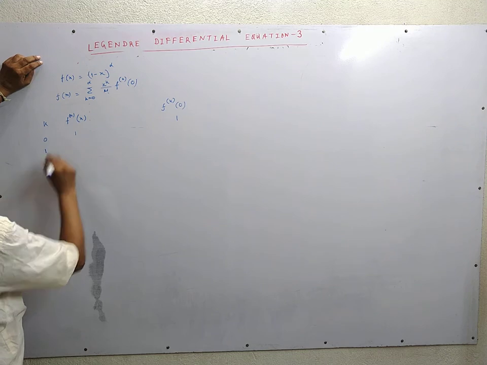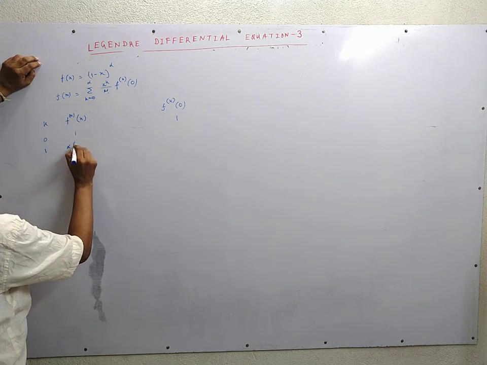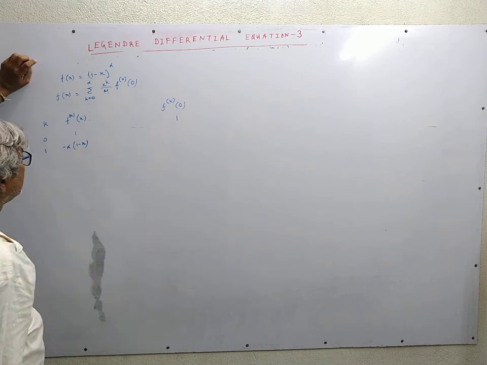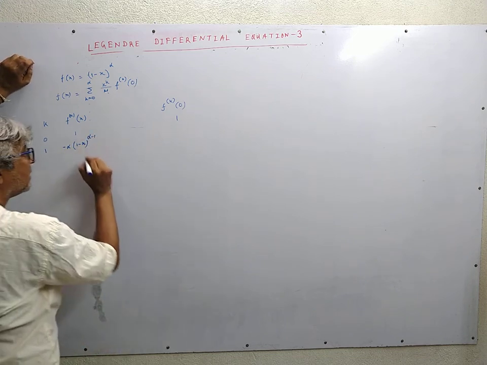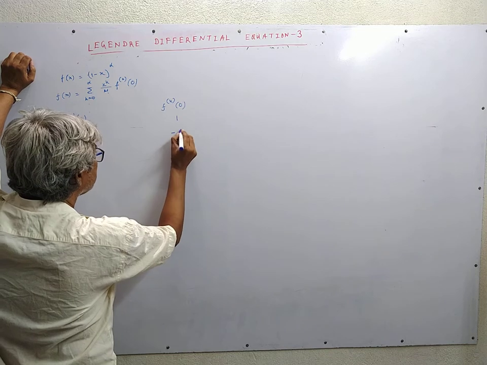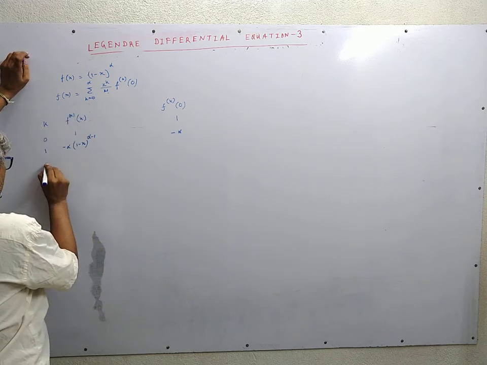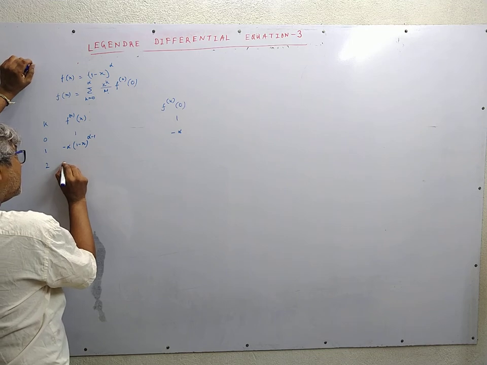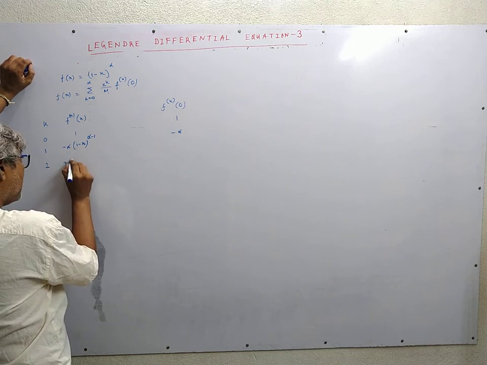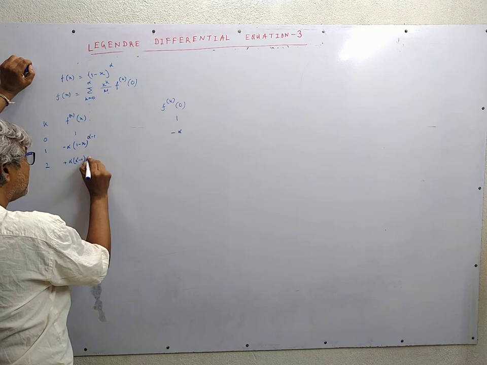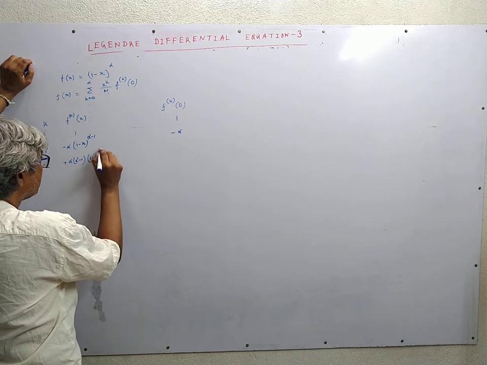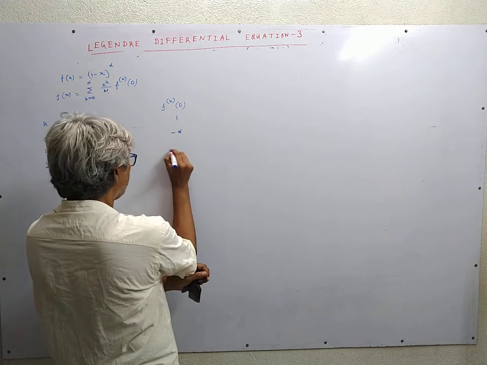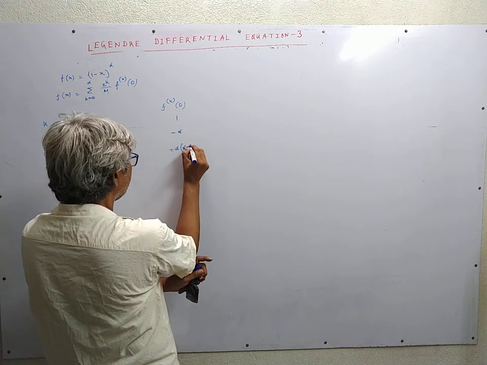When k is equal to 1, this is alpha (1 minus x) to the power alpha minus 1, which at 0 is alpha. The second derivative is plus alpha into alpha minus 1, 1 minus x to the power alpha minus 2, and at 0 this is plus alpha into alpha minus 1.